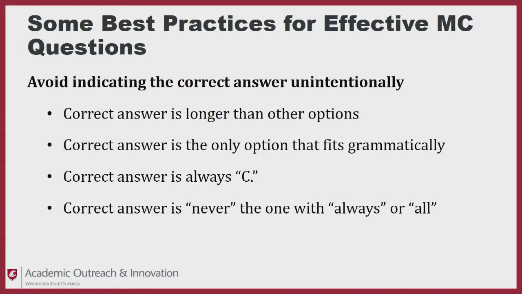Because what's going to happen is then a student who picks C, because you always pick C, is going to get it right, even though they don't have the competency or knowledge that you're striving for. So the test's ability to discriminate overall between students who know something and students who don't will be lost, and we don't want that, okay?